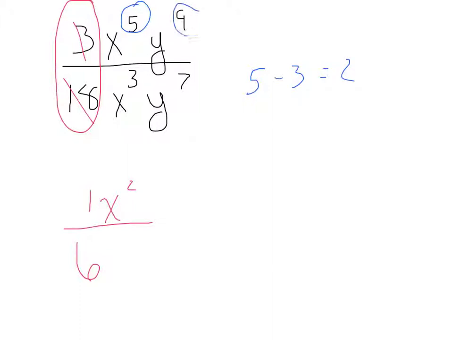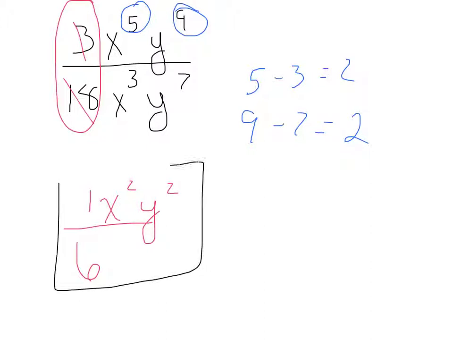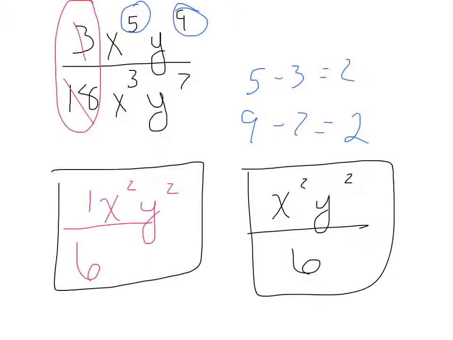Again with the y's, 9 minus 7 also gives me 2, so I'm also going to have a y squared in the numerator. So my final answer is 1 x squared y squared all over 6, or I could write that as x squared y squared all over 6. That would also be appropriate. That 1 is there, even though I don't write it.